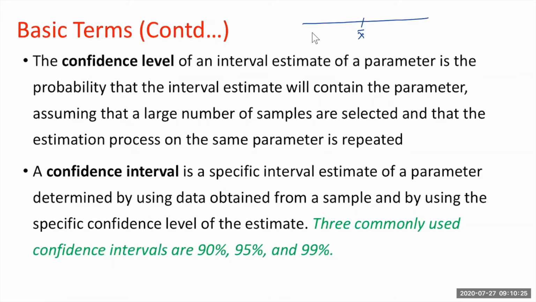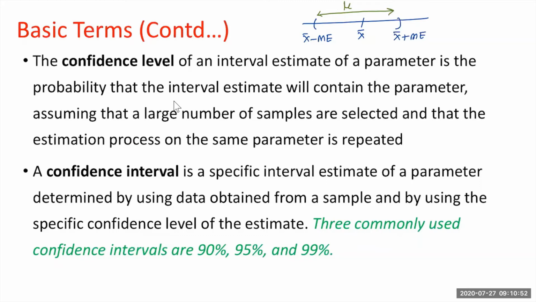So x bar plus or minus the margin of error. What I'm trying to say here is the actual mean lies in this interval. And if we can explain this with certain confidence, then we say that this interval is the confidence interval.